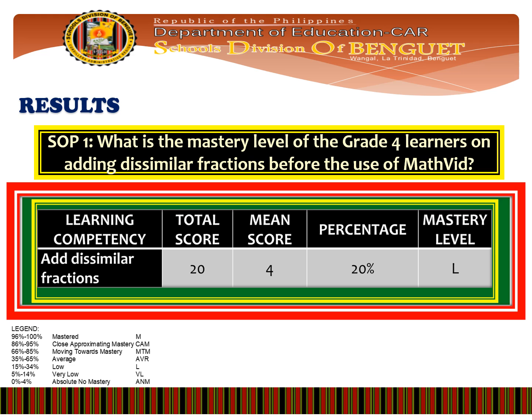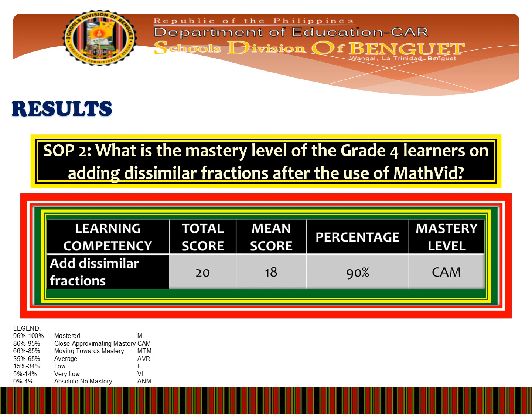This implies that the mastery level of the participants on adding dissimilar fractions before the intervention can be described qualitatively as low. Thus, creative intervention in enhancing the learner's performance in adding dissimilar fractions was highly imperative and required.